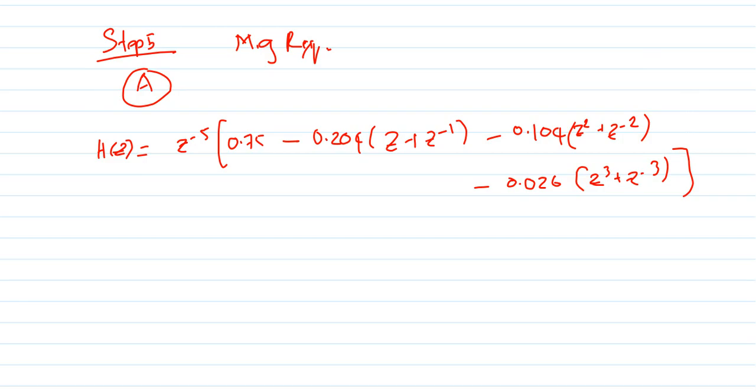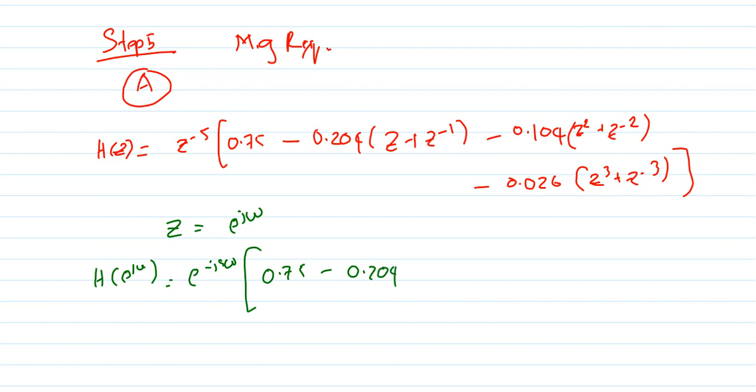Now what we are going to do is substitute z equal to e power j omega. What happens? H of e power j omega is equivalent to e power minus 5j omega into 0.75 minus 0.204.